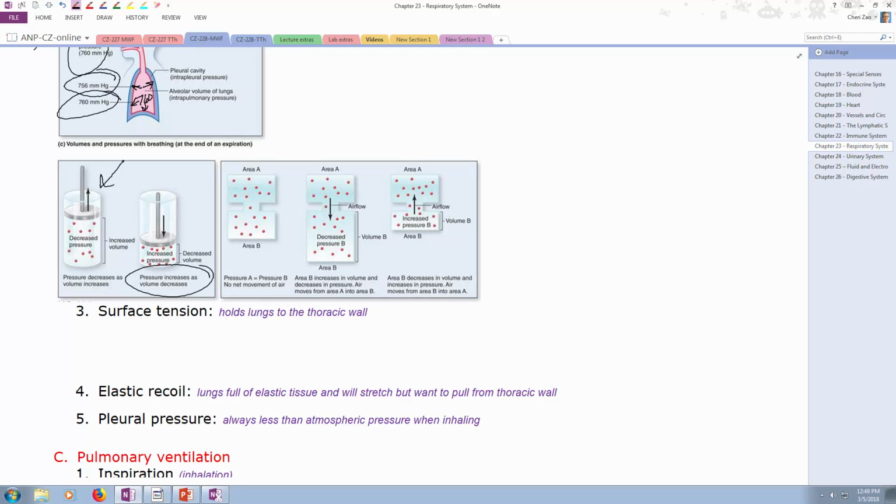And where will air move from? Air moves from a high pressure to a low pressure, correct? And so when we decrease the volume, we increase the pressure and the air moves out. And our diaphragm relaxing is a passive process.